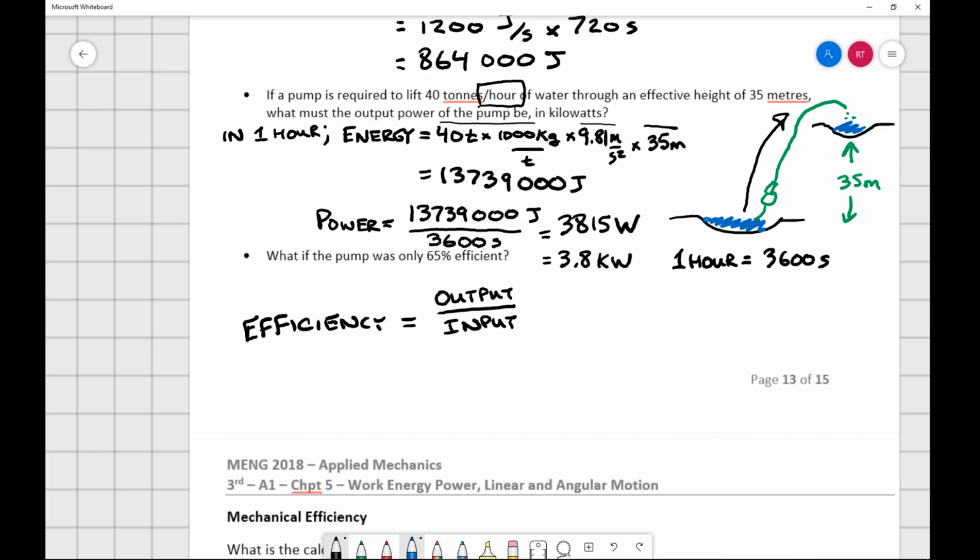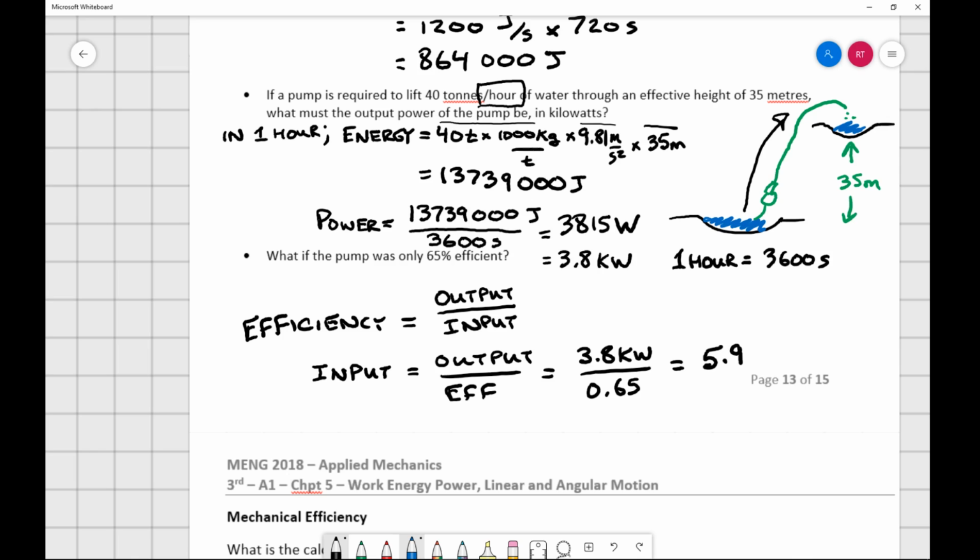So in order to find what we have to put into this machine, my input power is going to be equal to output divided by efficiency. 3.8 kilowatts divided by 0.65, efficiency as a decimal, and my final answer ends up being 5.9 kilowatts.